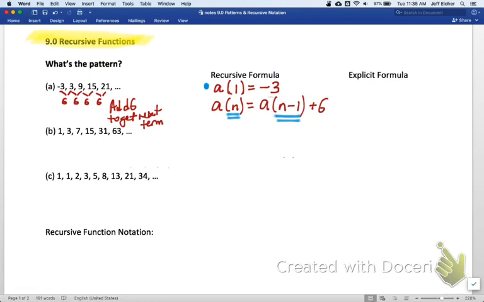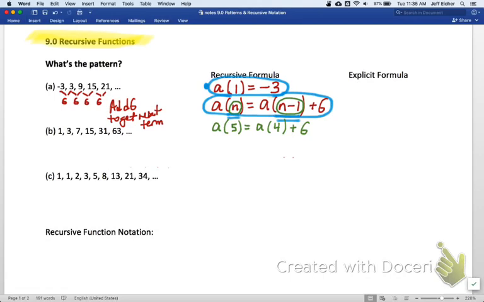If we had a of 5, to figure out the fifth term, we would need to know the 5 minus 1, the fourth term, and we'd add 6 to that. So that looks like it's working. Whatever number you put in here, 5, you're going to subtract 1 from that, and that's going to represent the previous term, 4. So our recursive formula would be our starting point, this guy right there, and this, minus the green circles, and that would be our recursive formula.